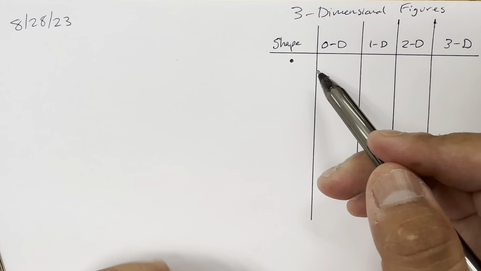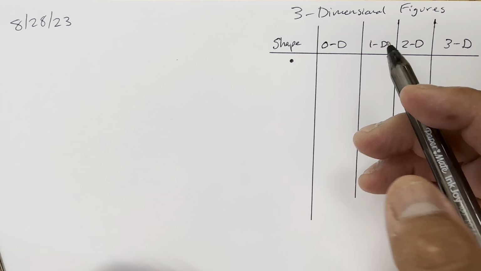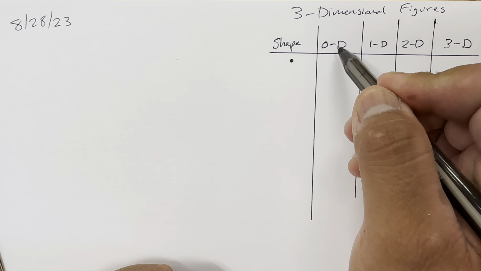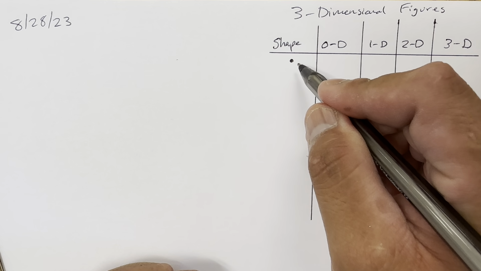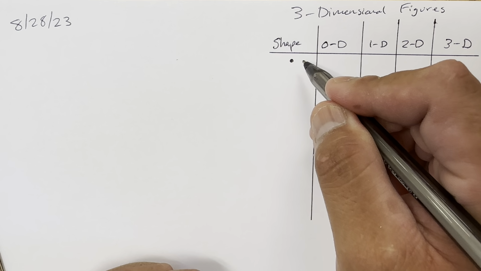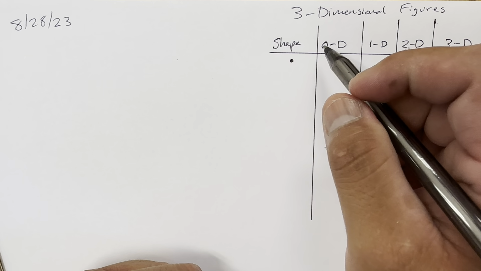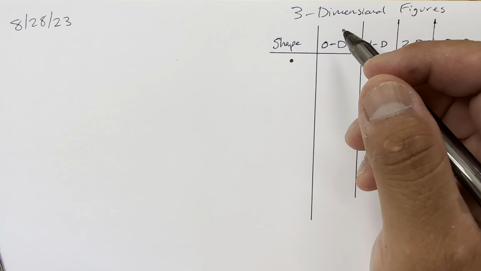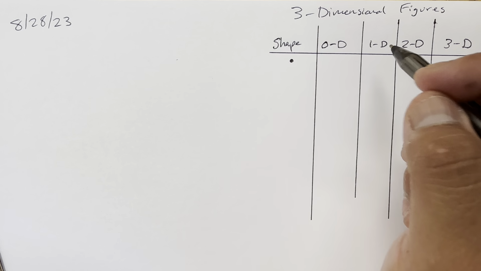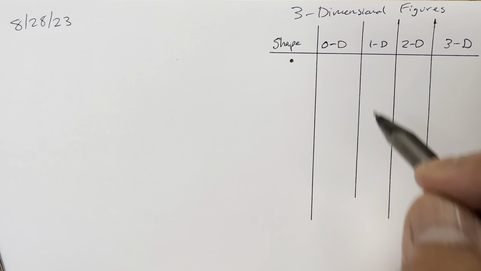When we have no dimensions, there's no height, no length, no depth. So dimensions to a mathematician, to an engineer, are directions: up, down, left, right, forward, and back, okay?